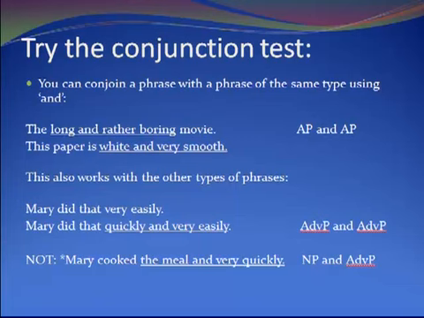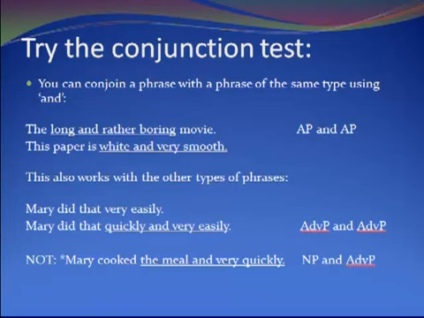So if you've got the rather boring movie and you want to test whether that's an adjective phrase, use another adjective phrase and then conjoin it. So you can say the long and rather boring movie, and that works. So you've got an adjective phrase and an adjective phrase. Or, this paper is very smooth, this paper is white and very smooth. So you've conjoined two adjective phrases.